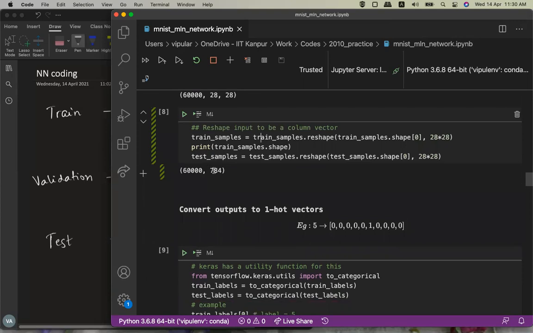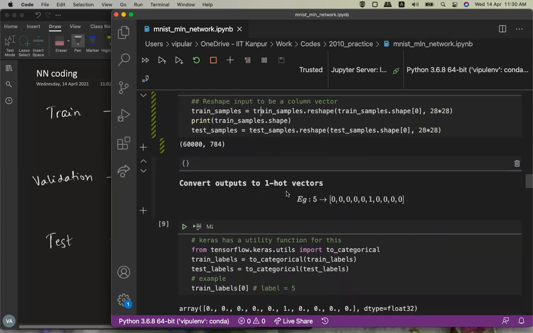And now come to the output side. What is my desired output? For example, my desired output was 5. As I have discussed in the lectures, we cannot represent my desired output as 0, 1, 2, 3, 4 up to 9 and then use a regression model.